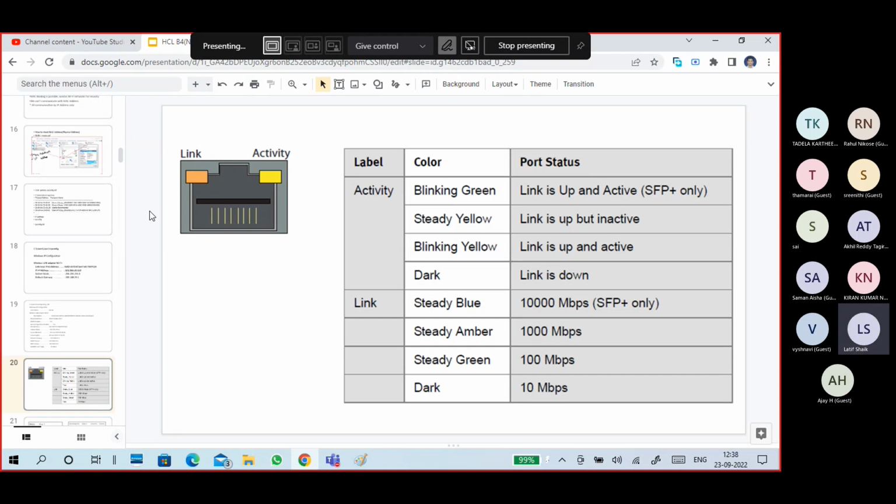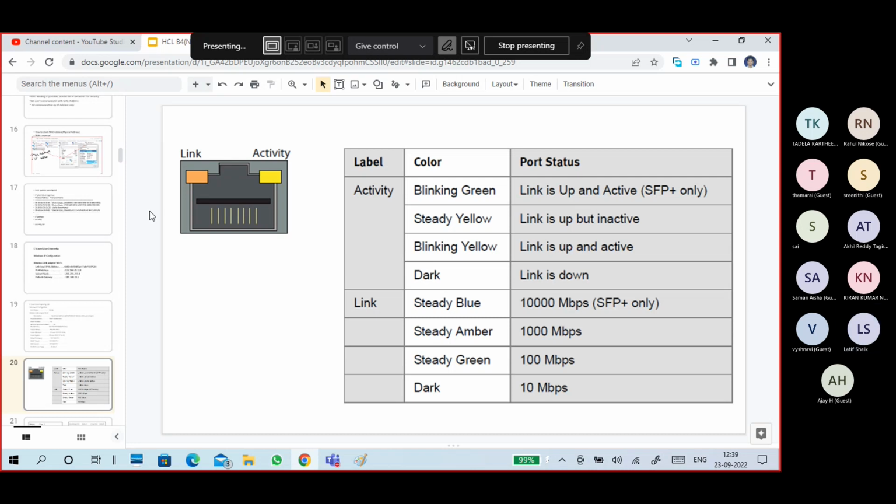In these cases we will see the activity LED is down. If it is blinking, then there is a connection. It is active. If it shows a stable yellow, again it is inactive, which means there is a problem. It should blink, either green or yellow. It should keep blinking.